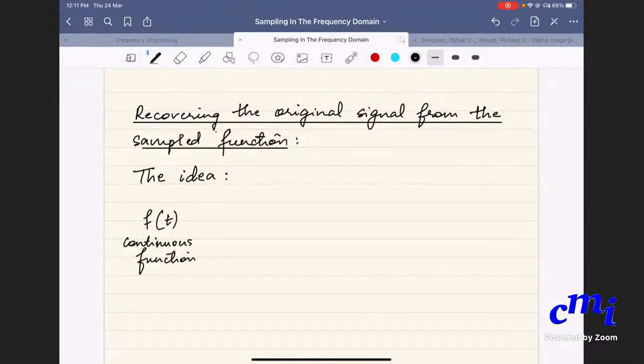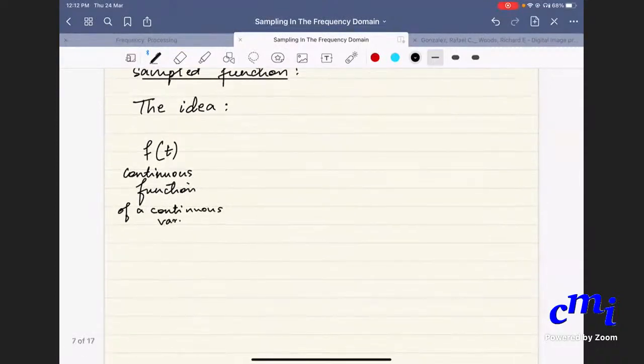This is a continuous function of a continuous variable, something like this. So you have variable t, and you have some continuous function f of t.